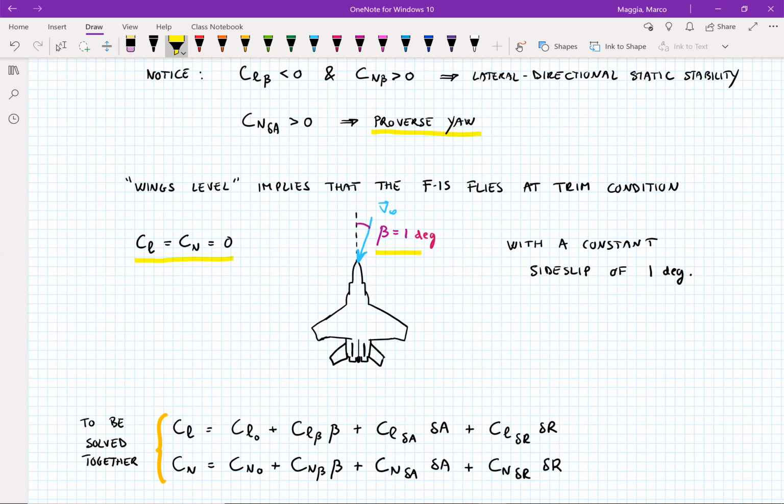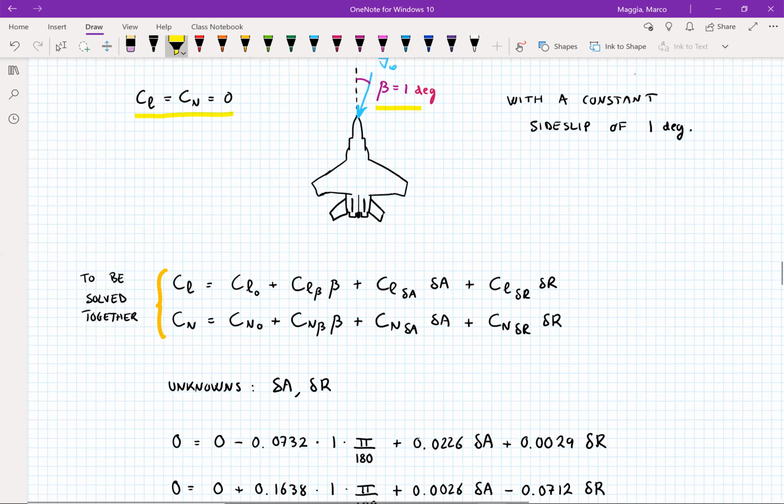Because if we were at level cruise, we already know the answer. If beta is 0, then the control surface inputs delta A and delta R, so the aileron and the rudder, would be 0. But now we want to fly sort of sideways a little bit, maintaining a constant beta equal to 1 degree. So we have to apply some aileron deflection and also some rudder deflection. That's what we want to compute.